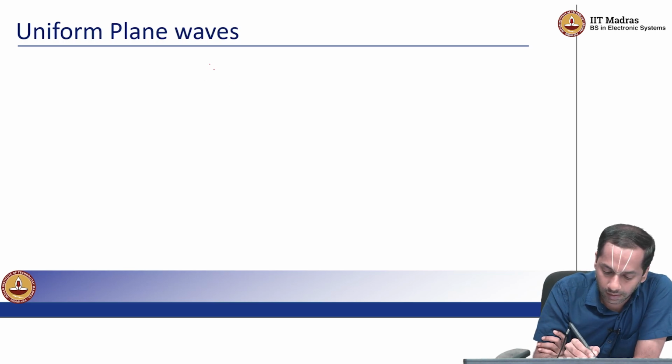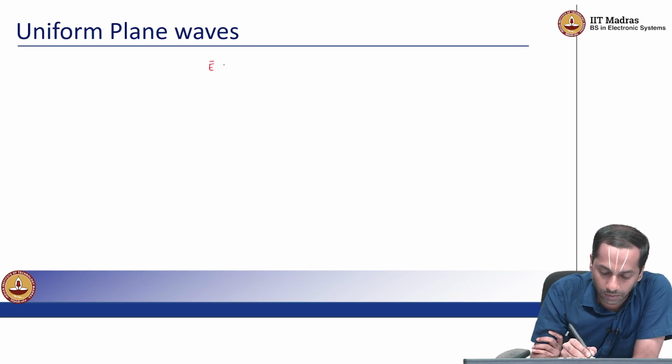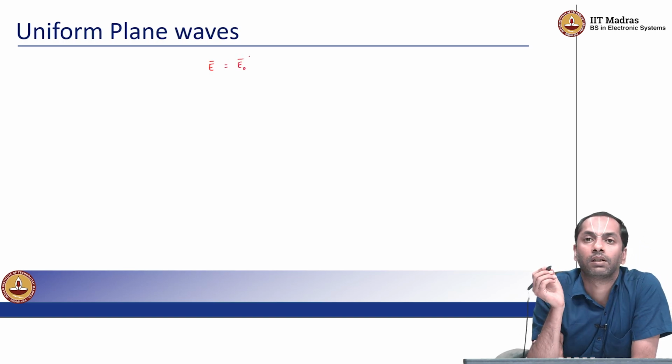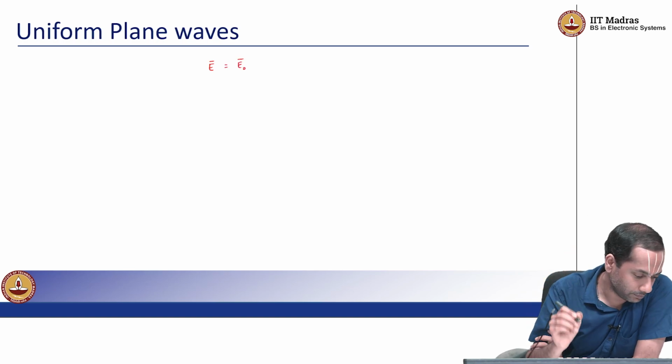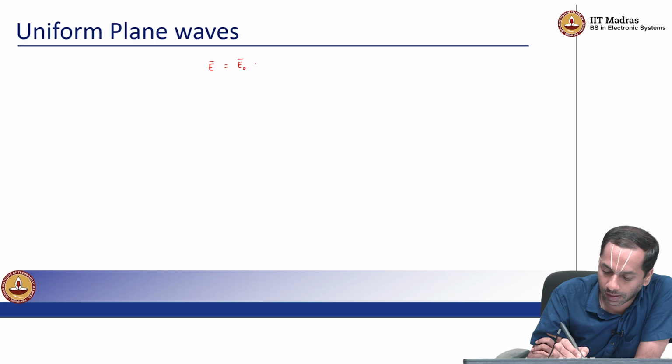I am going to assume the solution for E is of this form: a constant vector E naught, just for association, times e to the minus j kz z, times e to the j omega t.